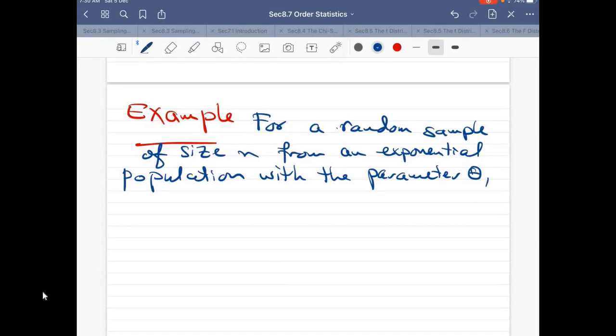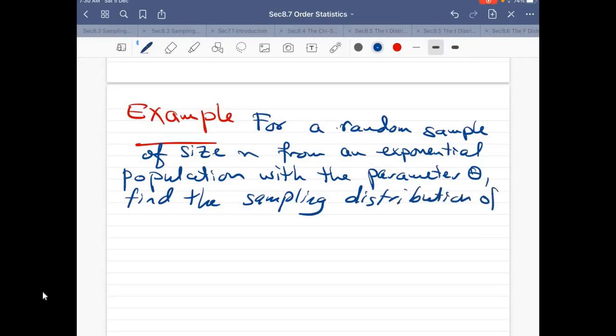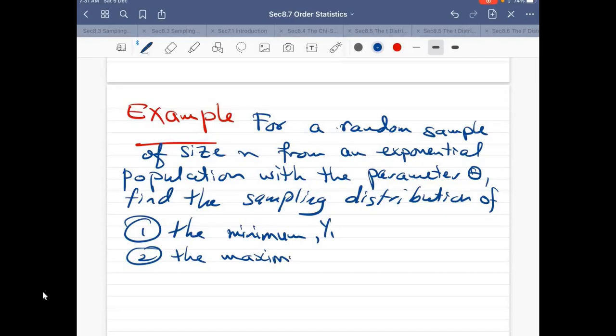Find the sampling distribution of the minimum, y1, the maximum, yn, and the median, x delta.